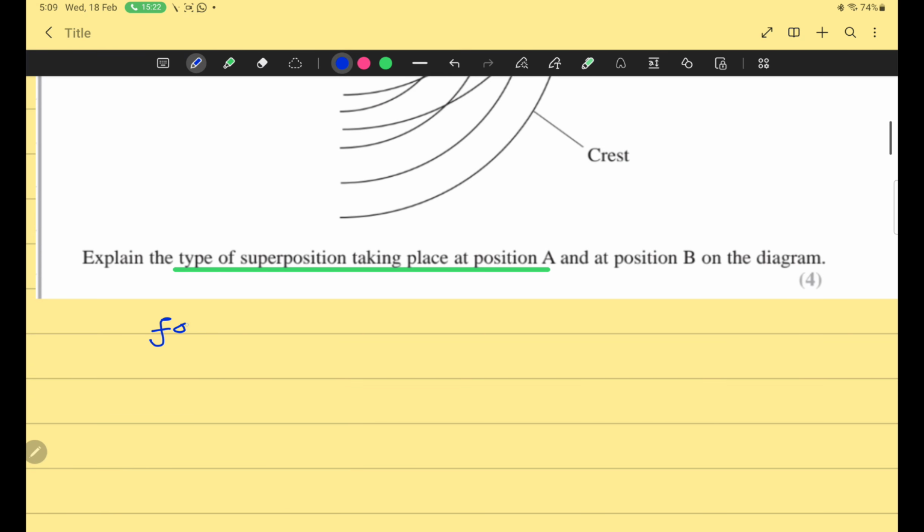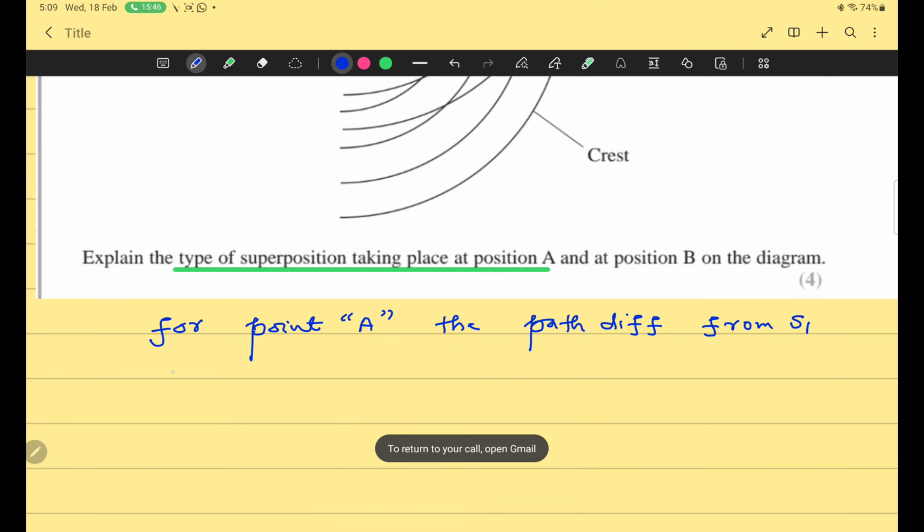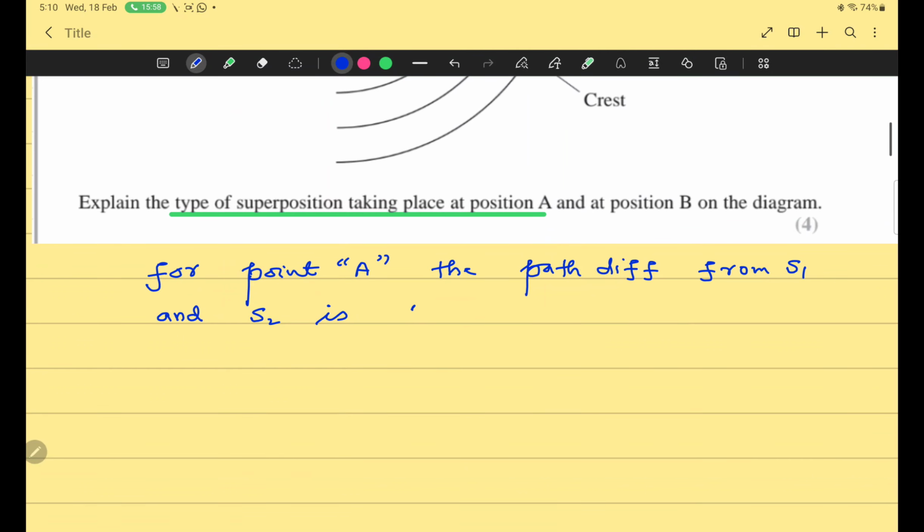So for point A, the path difference from S1 and S2 is 4.5 lambda minus 3.5 lambda, which is equal to 1 lambda. So trough lies on trough.